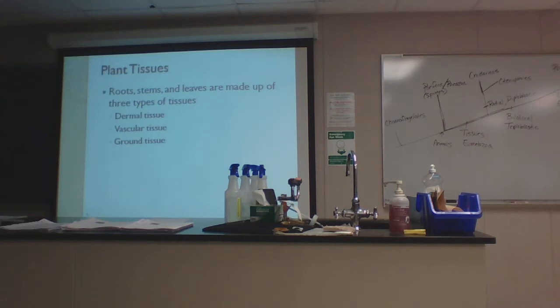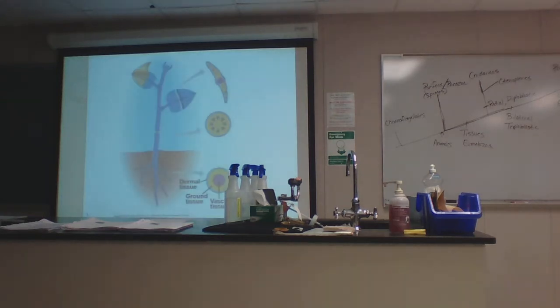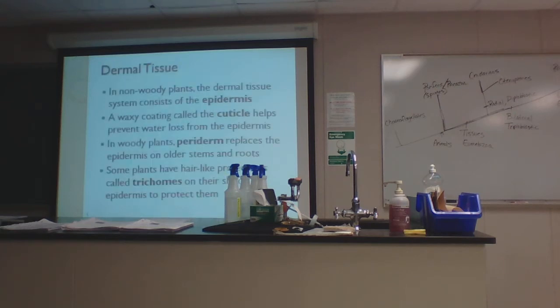So we've got our root, stem, and leaves here, so the structure of the root, stem, and the leaf. All those things, the epidermis, the cuticle, periderm, trichomes, you should know what all those are.